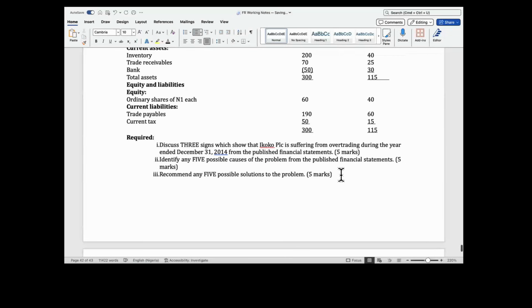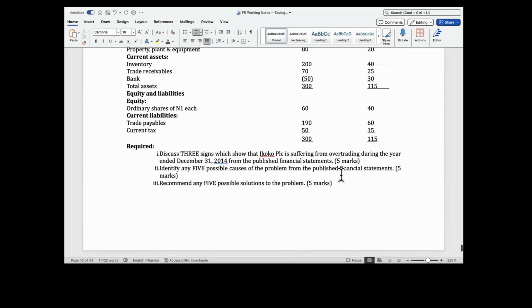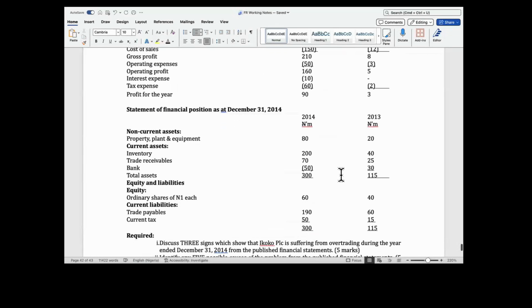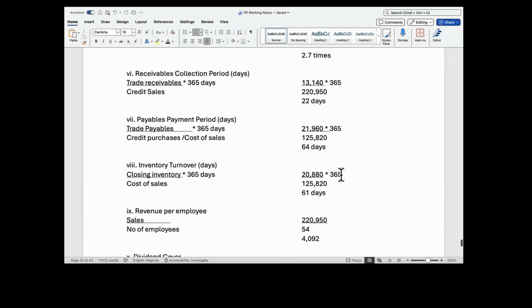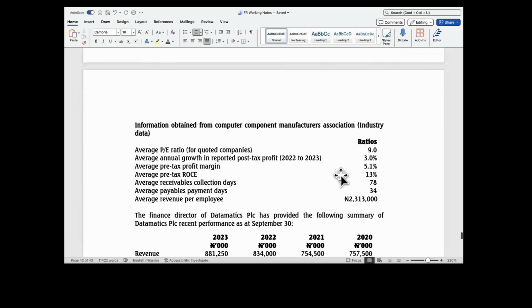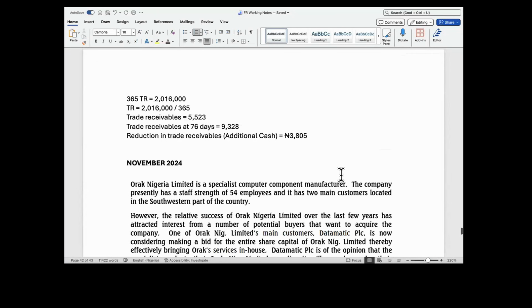So we'll finish this November 2024, then solve May 2024, November 2023, May 2023, and that other one.